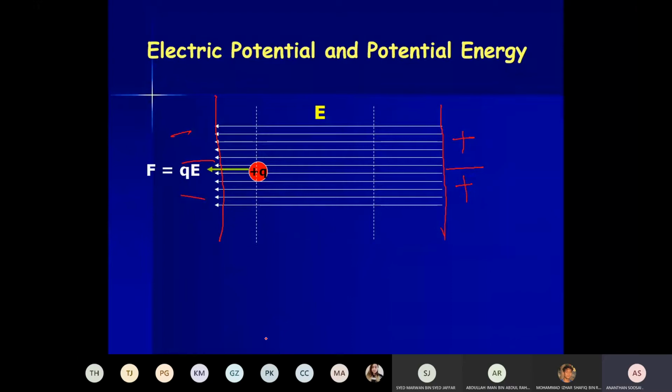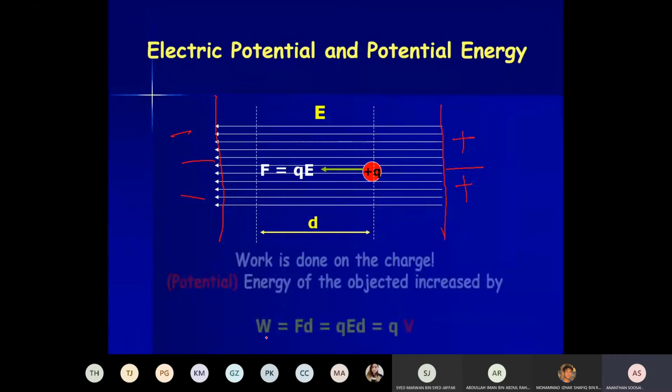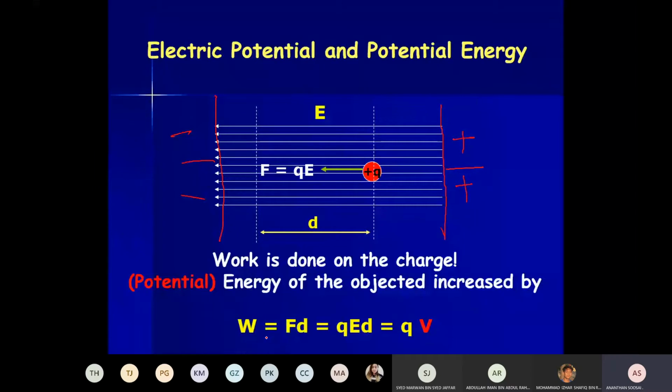Okay, let's say we apply a force, moving the charge from left to the right for a distance of t. So what happened? There will be work done on the charge.